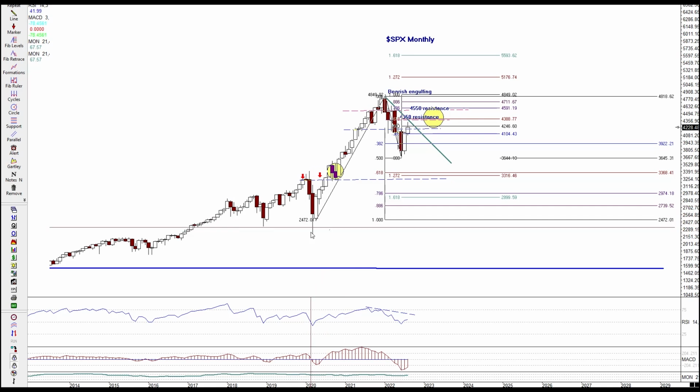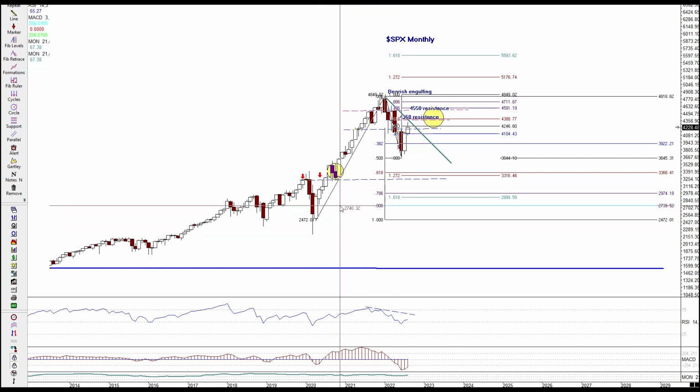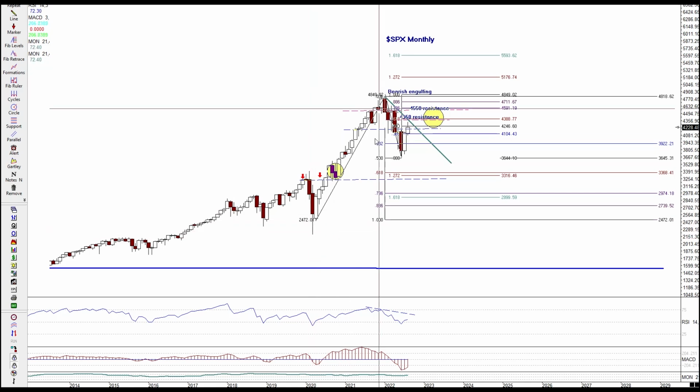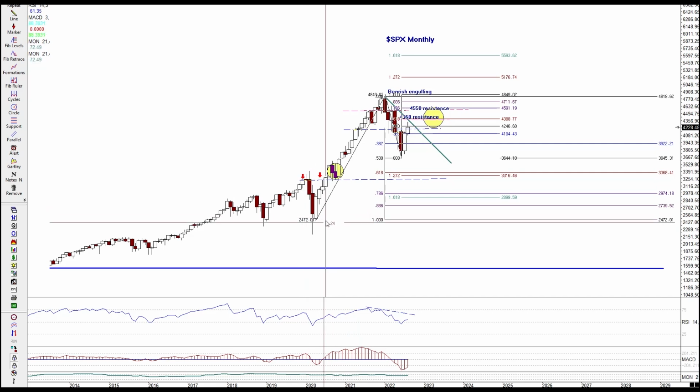I'm using the lows around March 2020 here for the fib retracement. Sometimes when you're using Fibonacci retracements, not always, but sometimes when there's a long tail like that, it's not always going to give you the most accurate Fibonacci retracement level to be watching, and that was the case here.